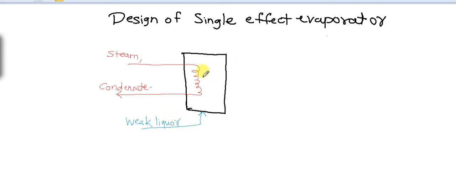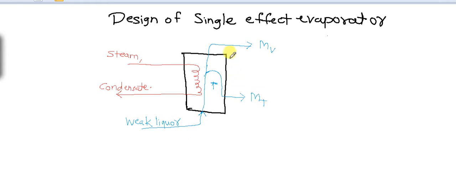Then what happens? Heat transfer takes place from the steam to the weak liquor, and at temperature T, some part of this weak liquor gets vaporized and you get the outlet as Mv, that is the flow rate of vapor, and some part of the weak liquor gets converted and you get a thick liquor.